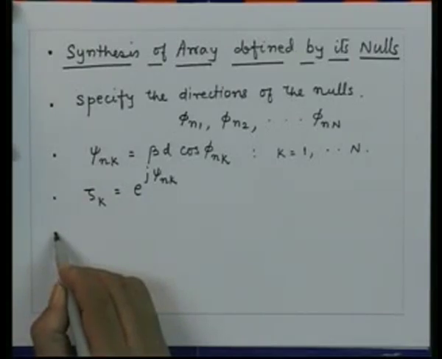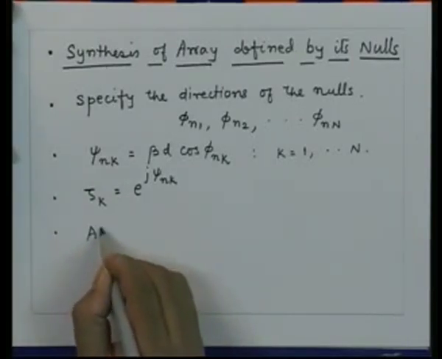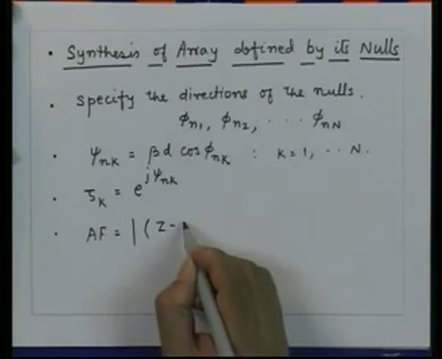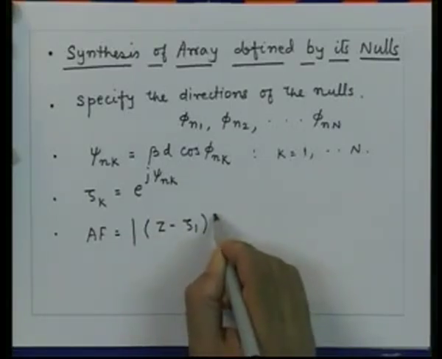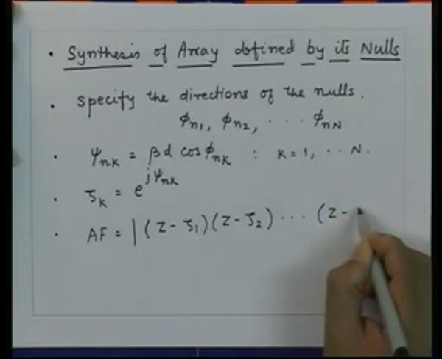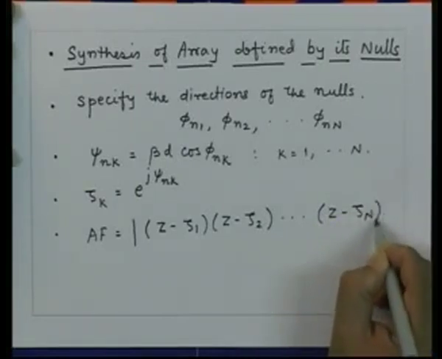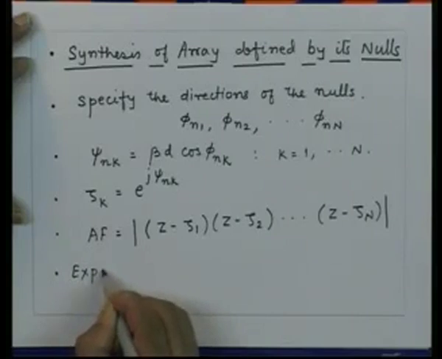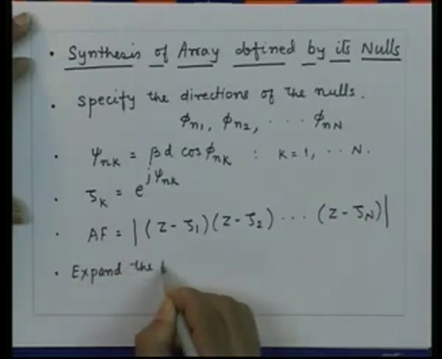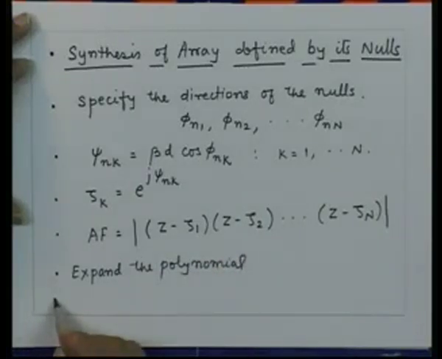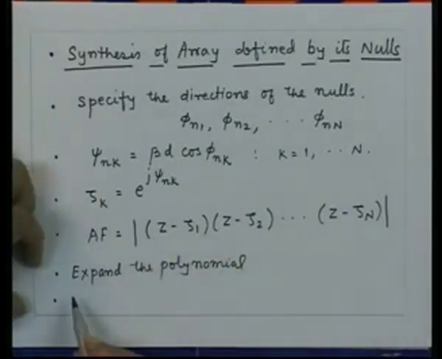So, then from here you can get the array factor, which is equal to z minus zeta 1, z minus zeta 2, so on up to z minus zeta N. Expand the polynomial, and the coefficients of z give you the current excitation of the antenna array.